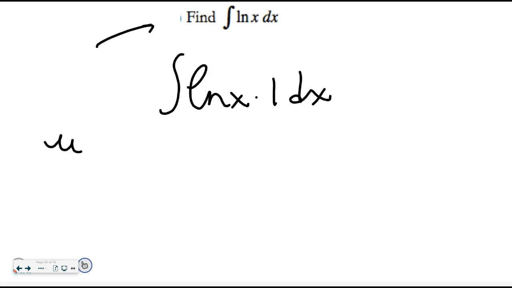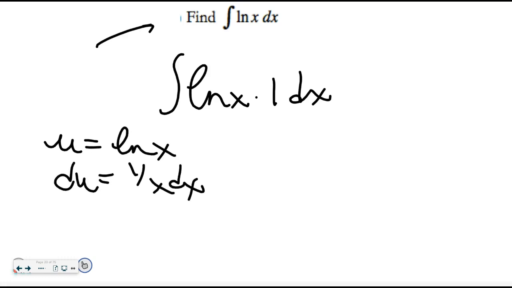Do you see how silly it'd be to put that as dv? You'd need to integrate it in order to integrate it. Now you're nodding. When I said circular reasoning, no one nodded. Letting dv be the natural log is silly. All right. So my u is ln x because I know its derivative is 1 over x dx.